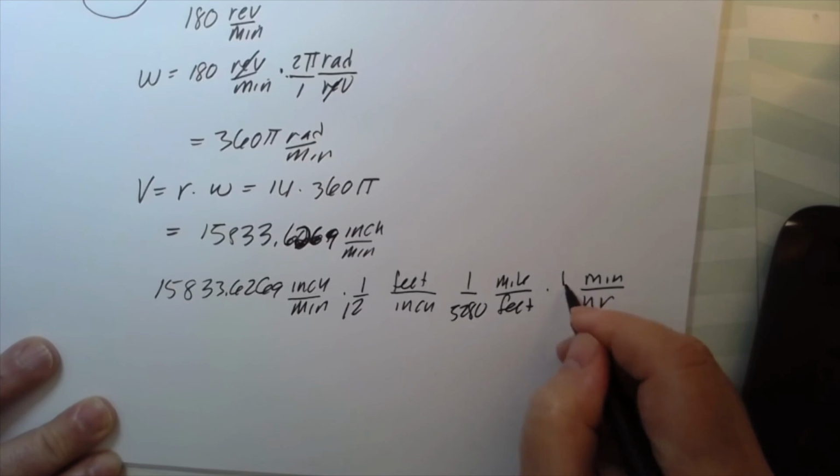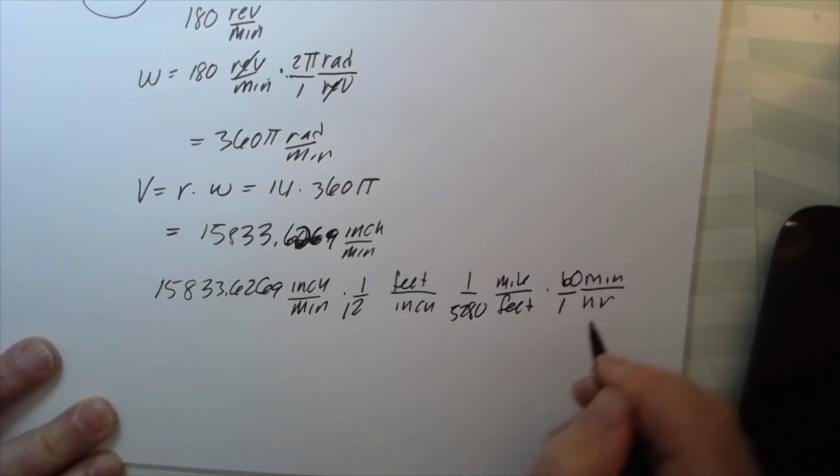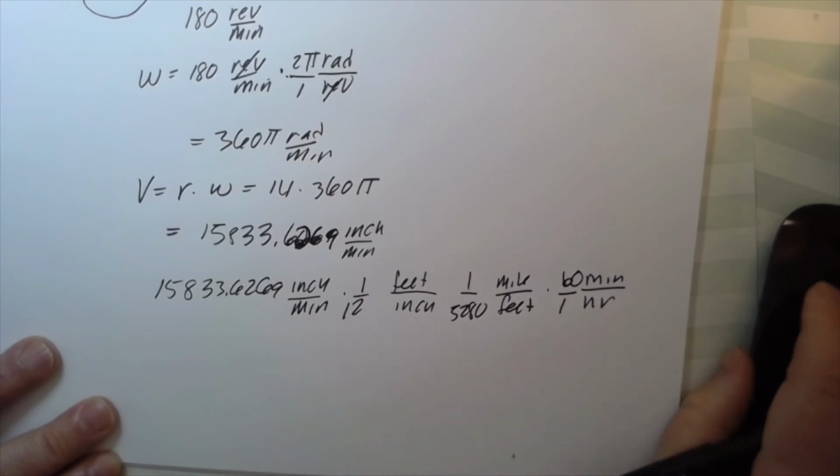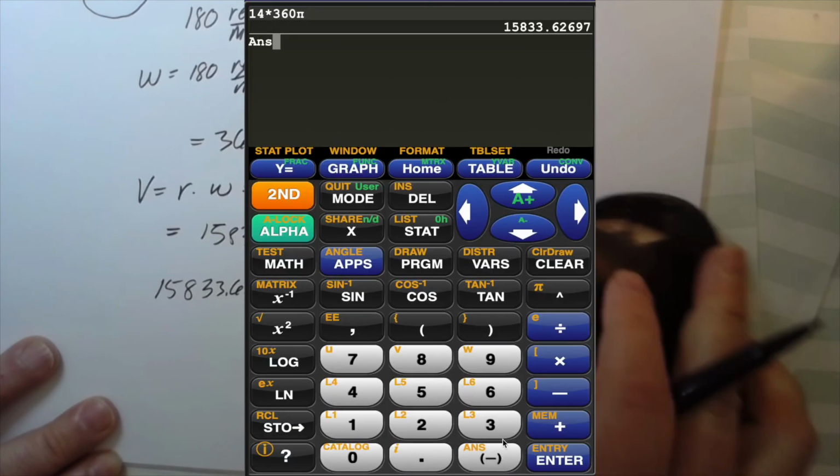So this would be 60 minutes, there's 1 hour. So we can take this number, multiply it by 60, and divide it by 12 times 5280, and we get 14.9.